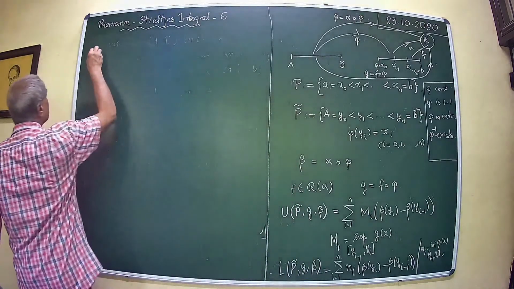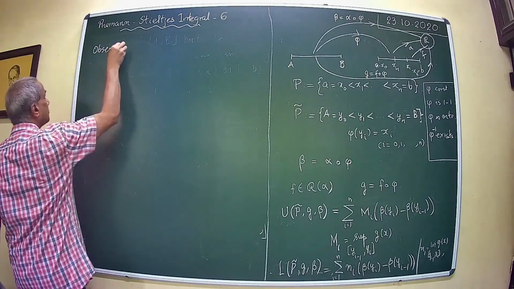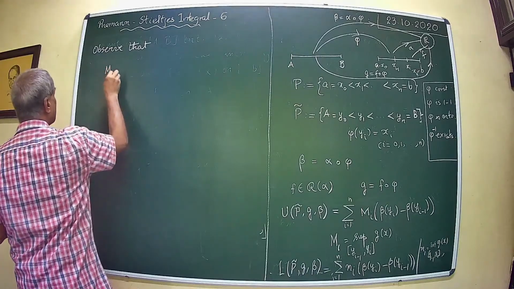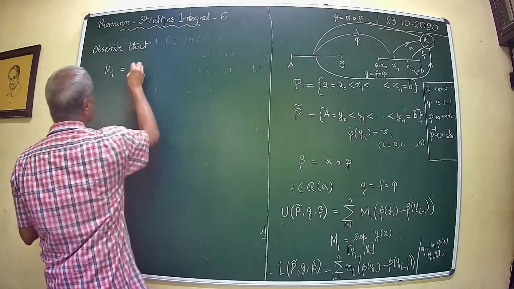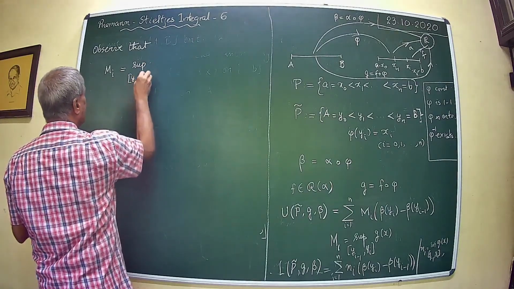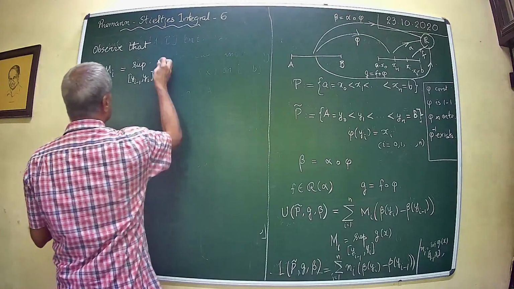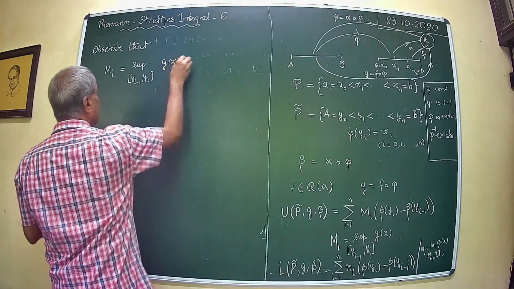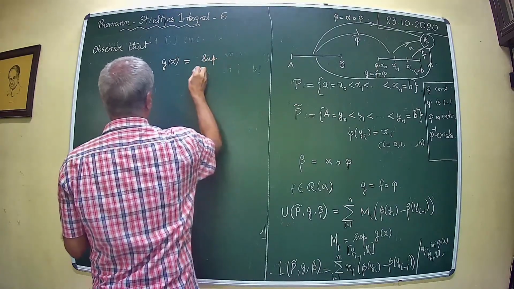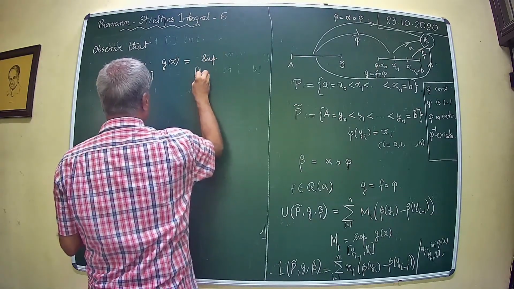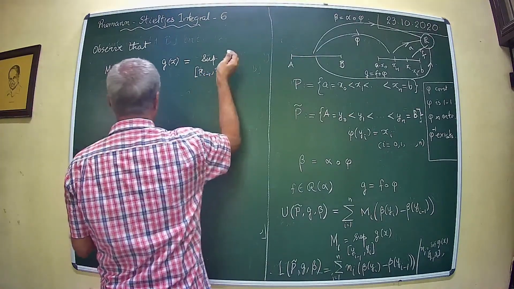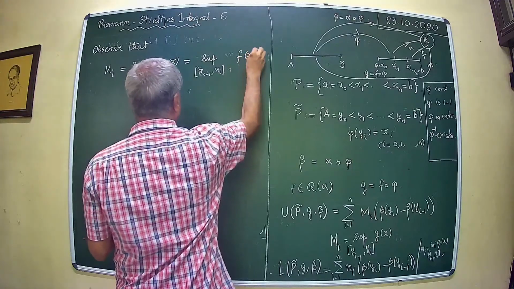Observe that Mi, which is equal to the supremum over yi minus 1 to yi of G x, is equal to the supremum over the interval xi minus 1 to xi of f of x.